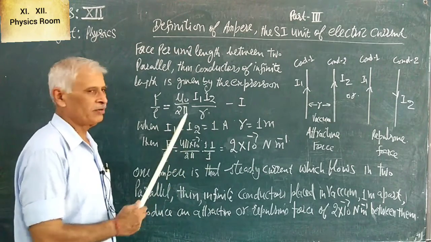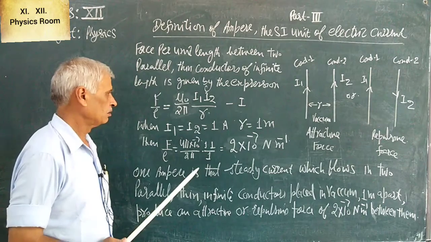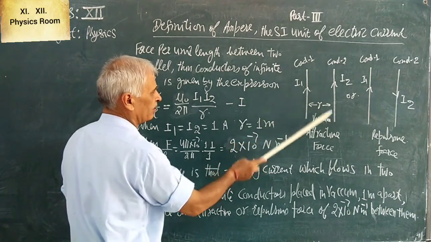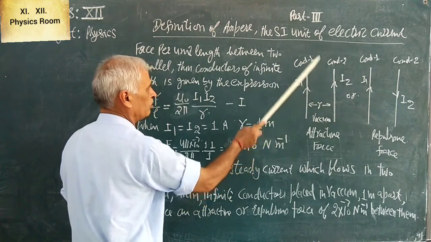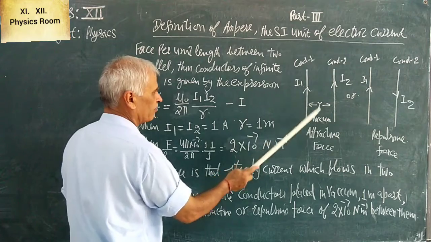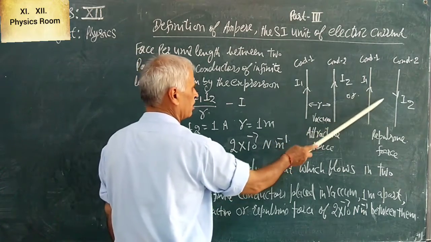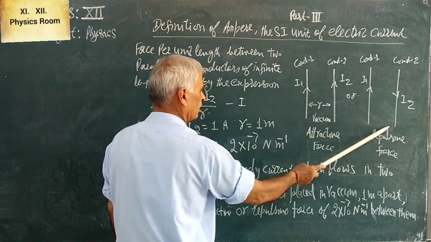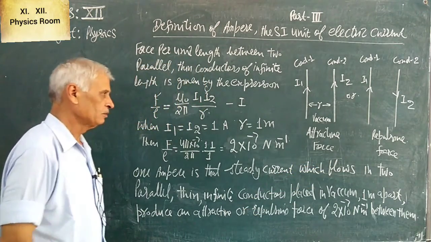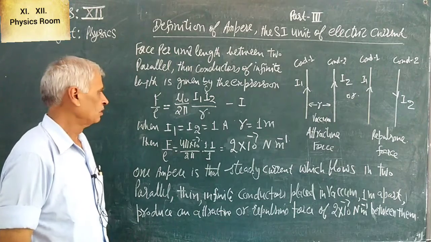This formula we have derived. Now see, these are two thin parallel infinite conductors carrying currents I1 I2 in the same direction, so there will be an attractive force between them, and here they are carrying current in opposite direction, and there will be a repulsive force between them. So this we have already studied.